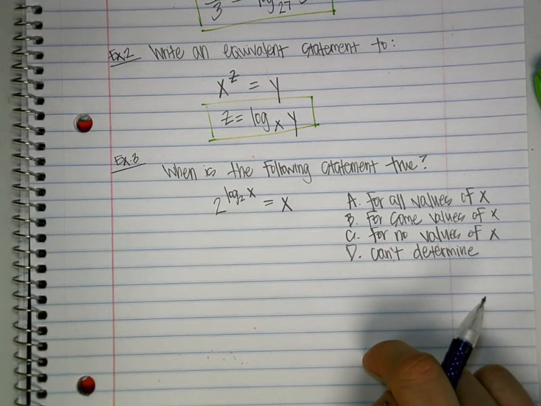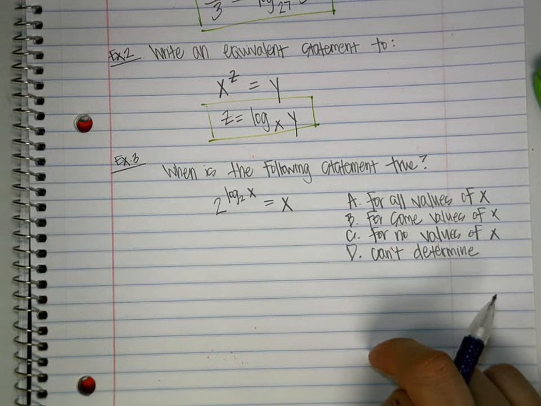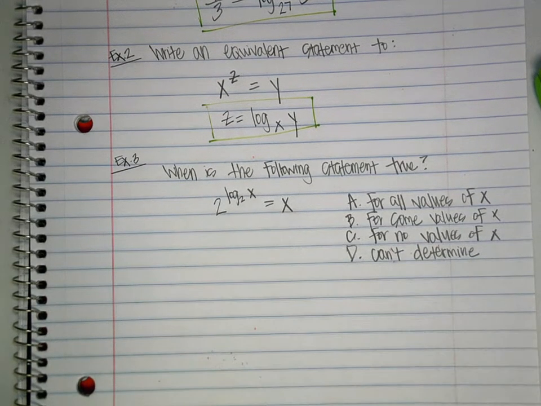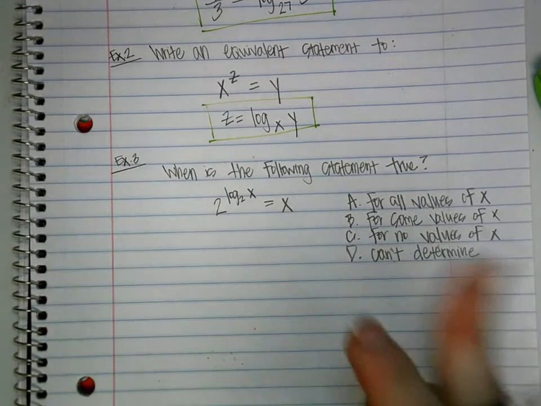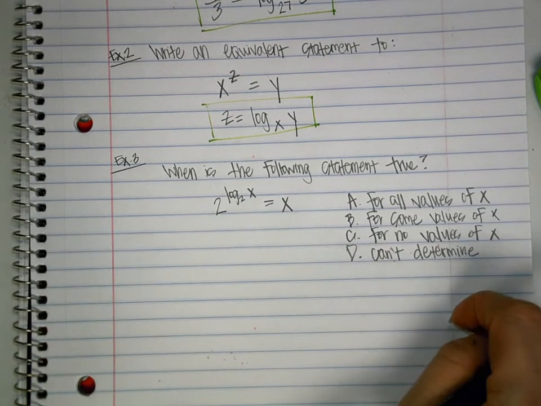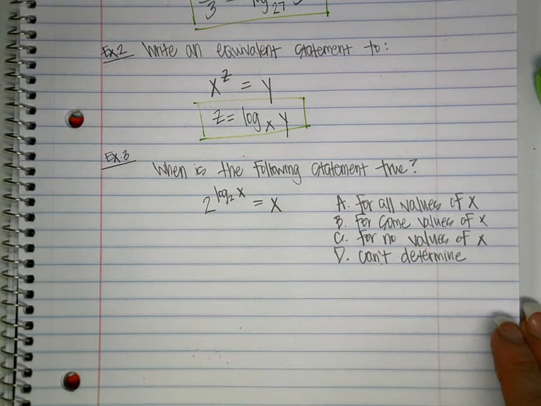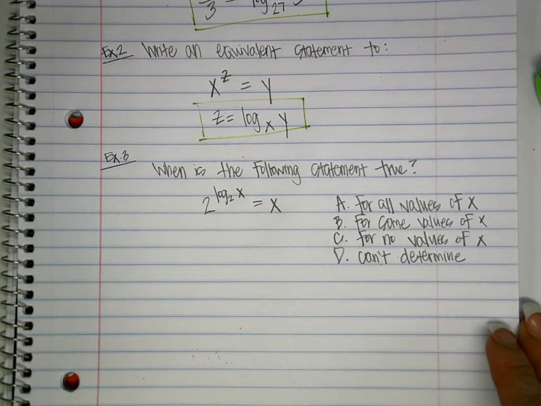Okay, let's try this again, because like I said, everybody has to vote. So you have to think. Okay, let's try again. Who thinks it's A, for all values of x? How about B? How about C, no values of x? How about D?